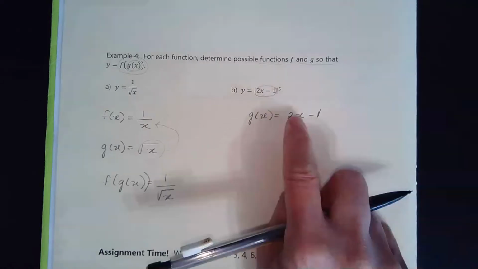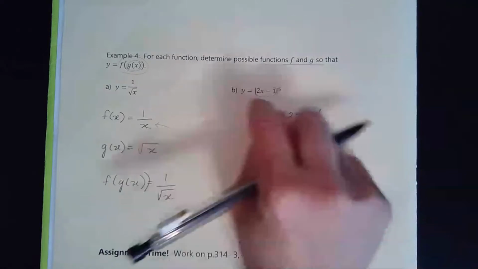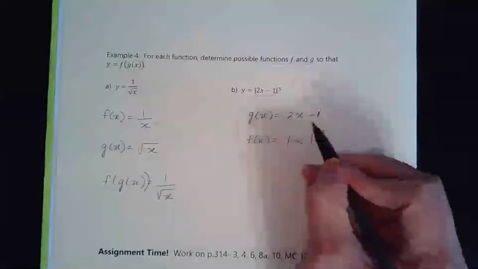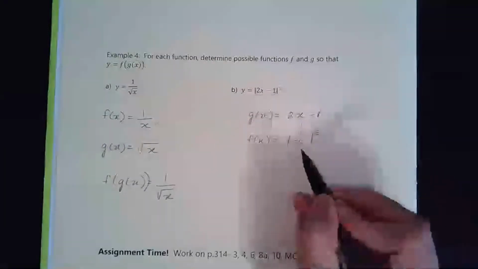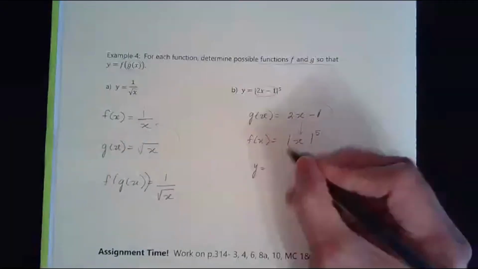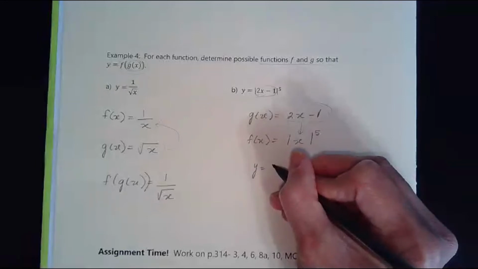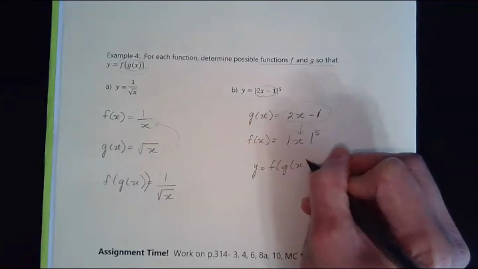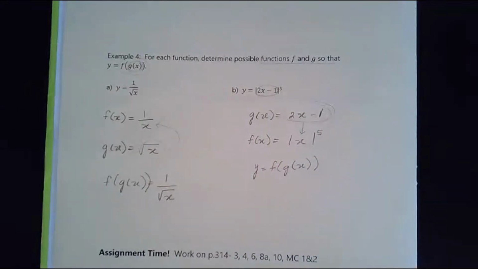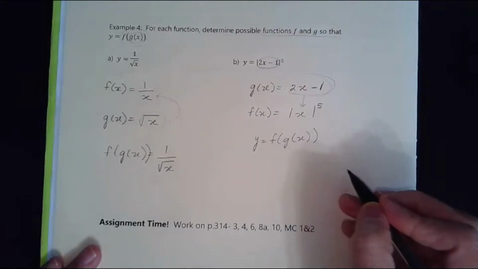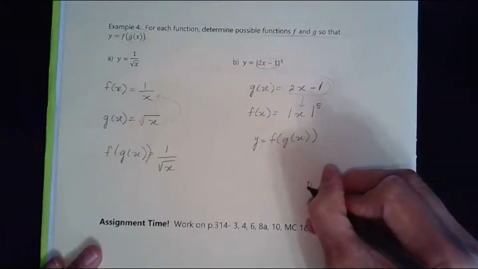And then use that one to figure out the f of x. If I take this and replace it there, then I'm going to have y equals f of g of x. So that's finished. That's done.